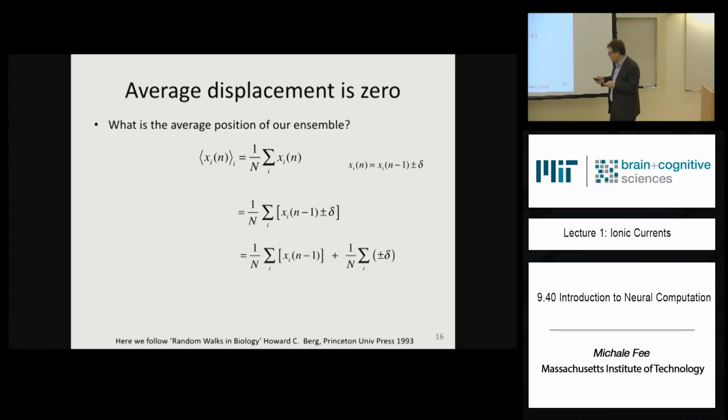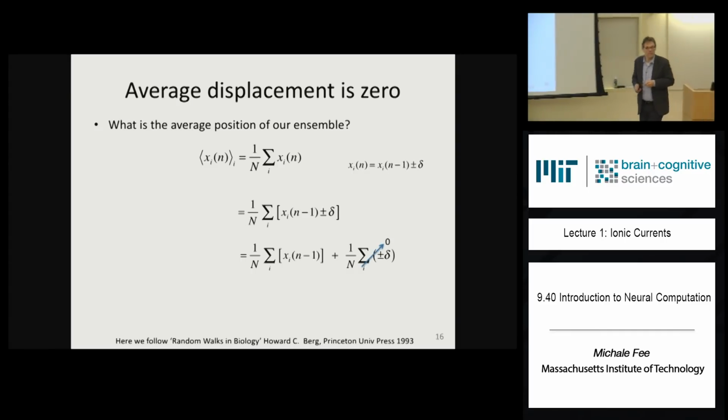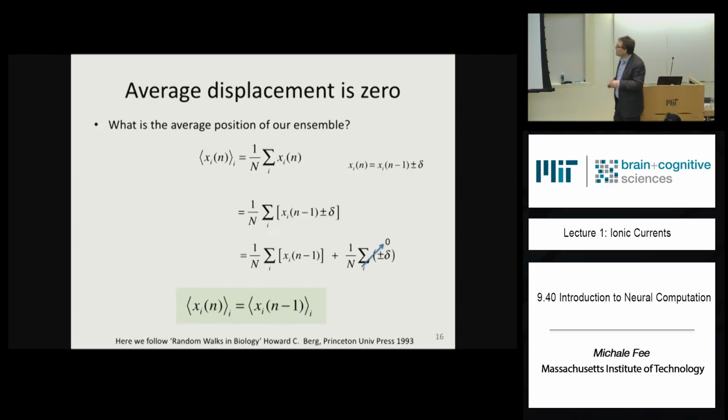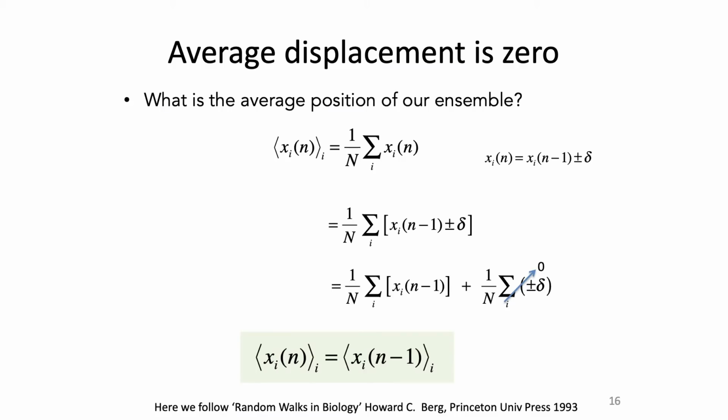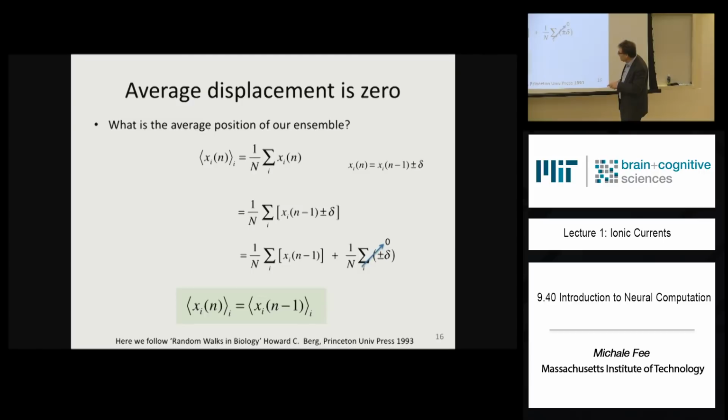So that sum is just 0. So you can see that the average position of the particles at this time step is just equal to the average position of the particles at the previous time step. And what that means is that the center of the distribution hasn't changed. If you start all the particles at 0, they diffuse around, the average position is still 0.